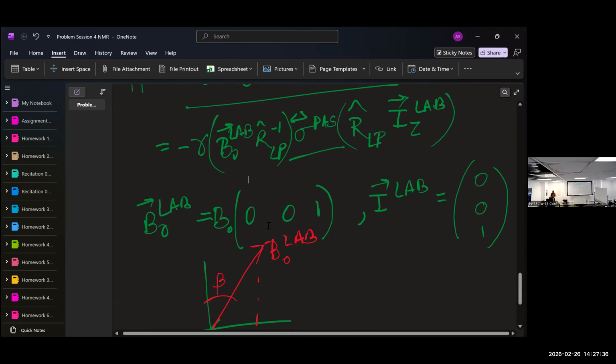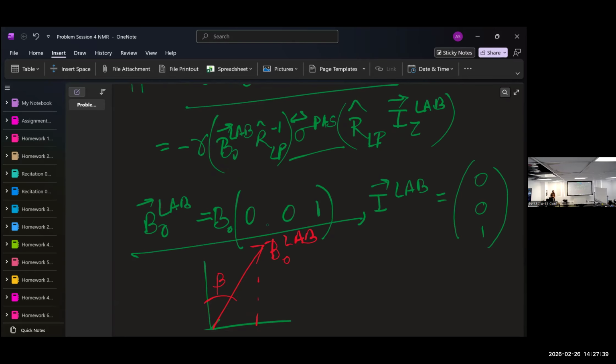And the reason that this is simple is because, of course, in the lab frame, B naught is just Z, right? There's only the Z component. This makes sense? It has no X and no Y. Static magnetic field is only on Z. And I make the simplifying approximation that the angular momentum is also only Z. And I ignore induced field along X and Y. This is truncation.